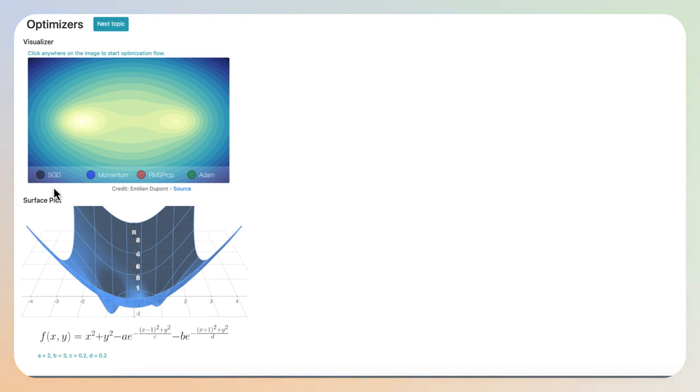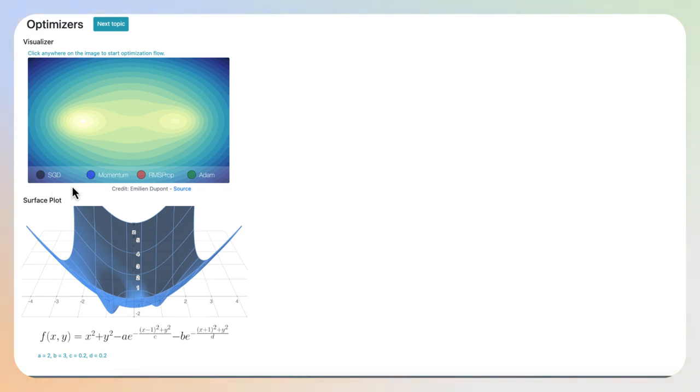An important factor in optimization is the choice of initial state. That's where the optimization starts from. With the same starting point, different algorithms may converge to different minima very differently.